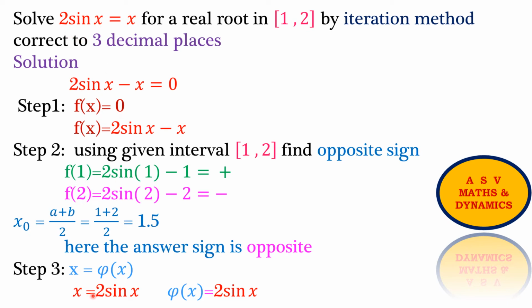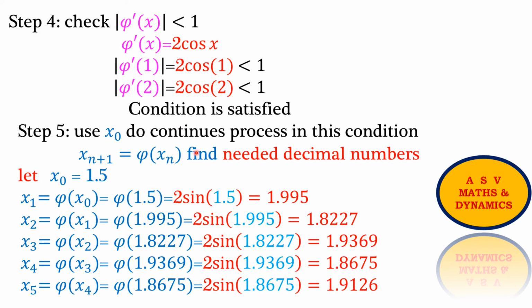Now phi dash of x must be less than 1, so you have to check the condition. Phi dash of x is equal to 2 cos x, when you do the first derivative. If you differentiate sine, it is cos x, that's all.